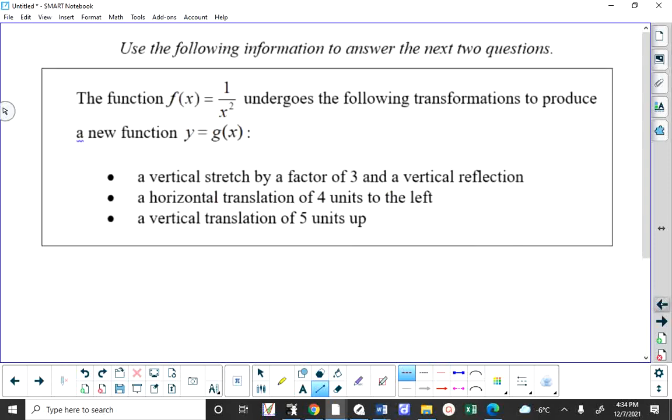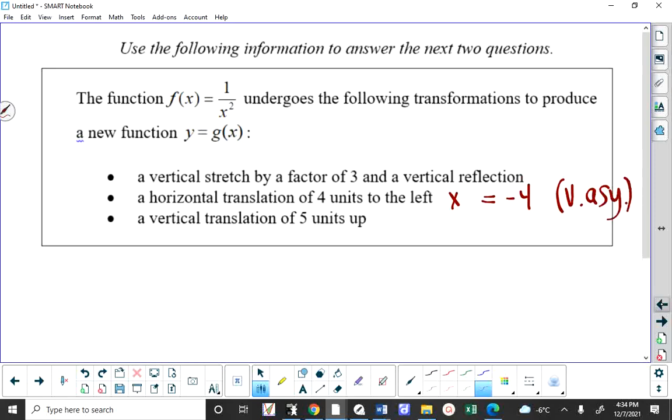And what that means, and this would be correct, is a horizontal translation of 4 units left would put the vertical asymptote at x equals negative 4. This is the vertical asymptote equation. And a vertical translation of 5 units up would put the equation of the horizontal asymptote at y equals positive 5.